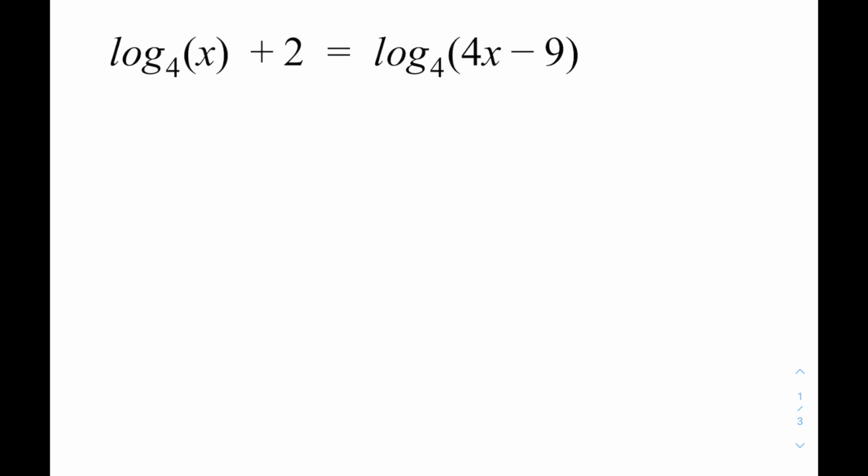So what we actually need to do is what we always do first: condense. I can't condense anything because my logs are on different sides. But what I can do here now is subtract log base 4 of x from both sides. It's a positive term, so I'm going to undo it by subtracting it.